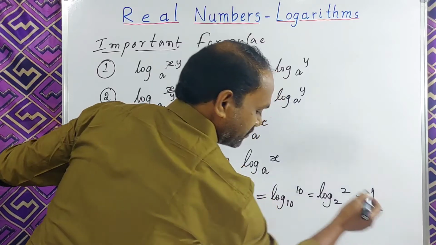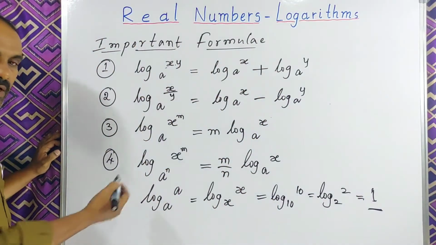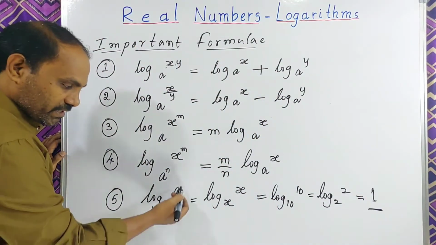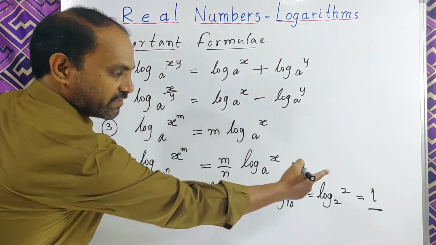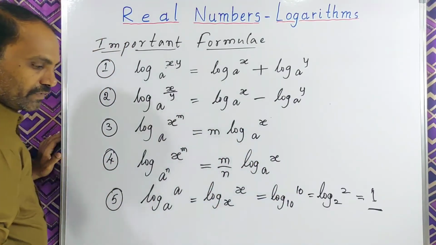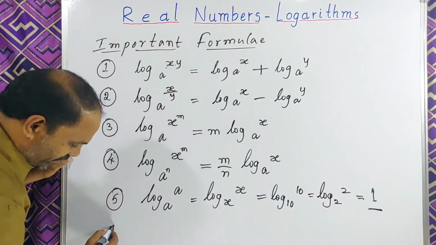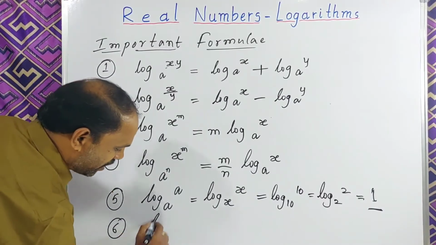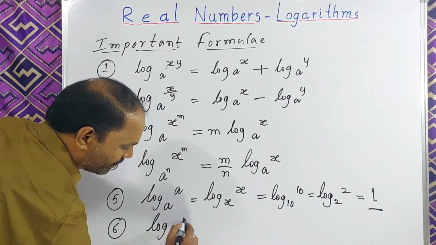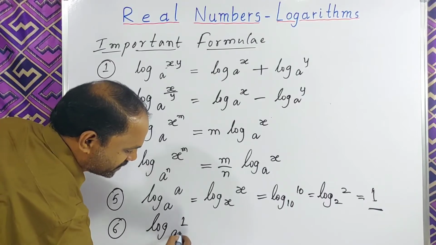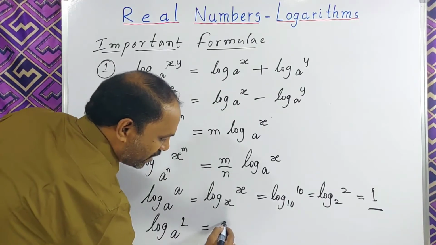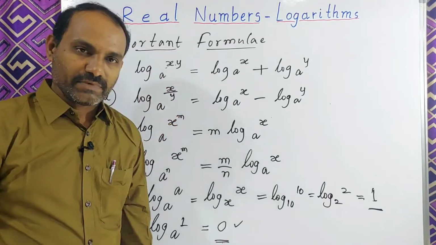This value is 1. This one is the most important formula. When base and log value both are equal, then that value becomes 1. And one more formula, last formula: log 1 to the base a. This value is always 0.